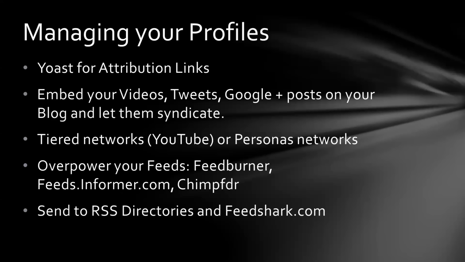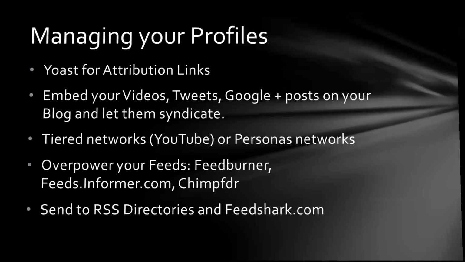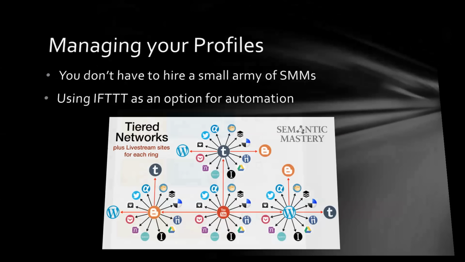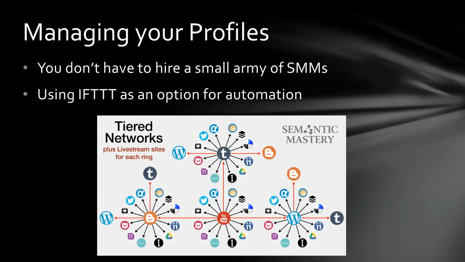But it doesn't always stop on your blog only. As you saw on this graphic right here, let me go back just a bit, we have 1, 2, 3, 4 networks attached to a YouTube channel. And this is what we call a tiered network. You can have a simple network that will be your branded network, or you can have a tiered network.